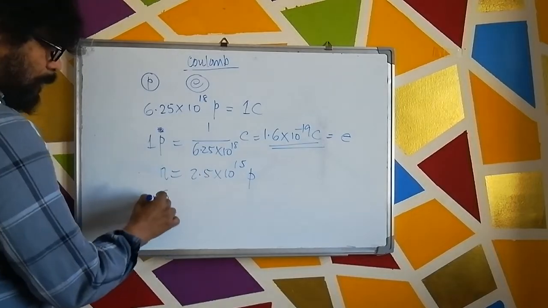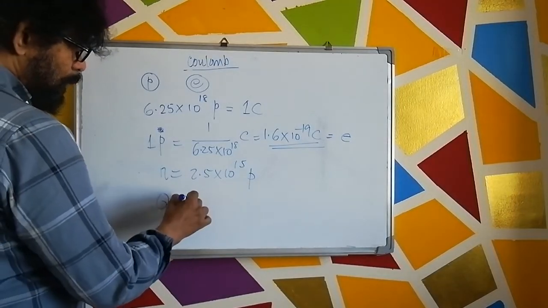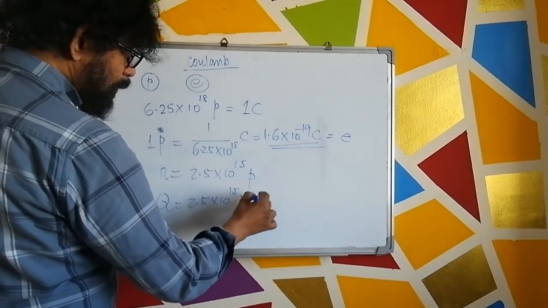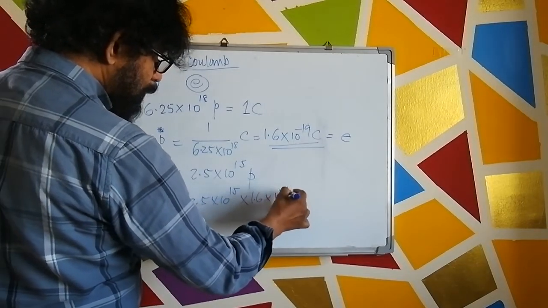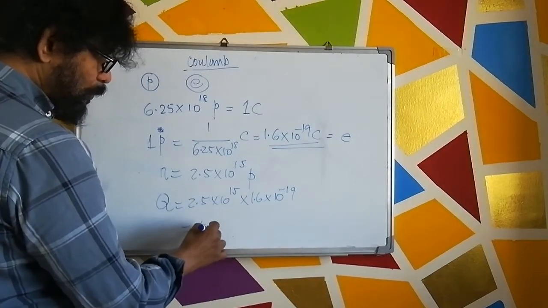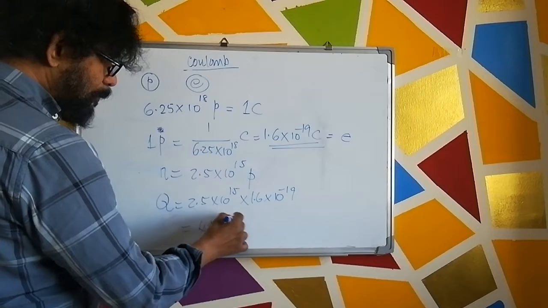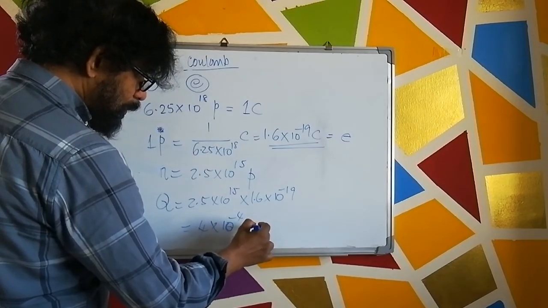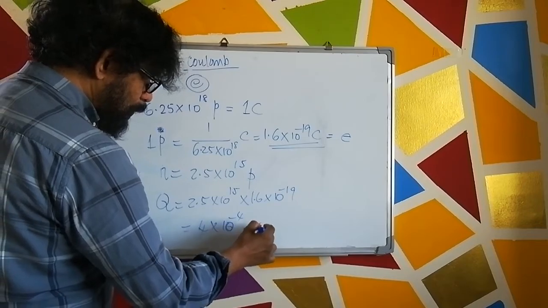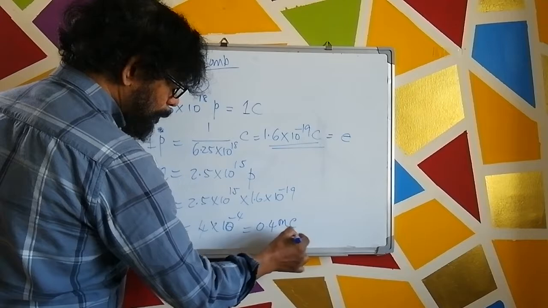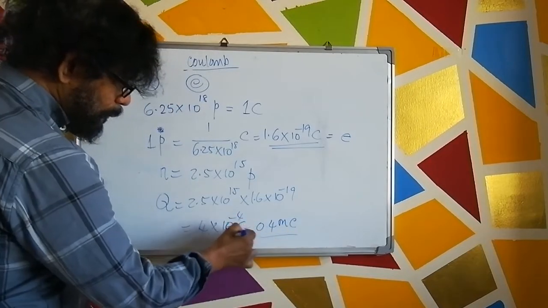So the charge Q would be equal to 2.5 times 10 to the power 15 multiplied by 1.6 times 10 to the power minus 19, which works out to 4 times 10 to the power minus 4. That we can call 0.4 millicoulomb. So many coulombs.